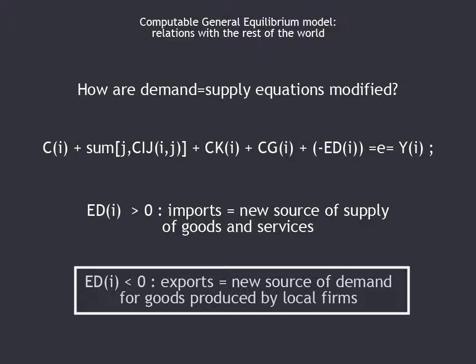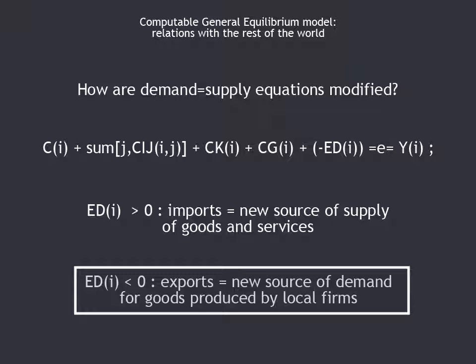Or ED is negative, and so you've got exports, and so it's a new source of demand for goods produced by local firms. So it means that with ED in sector I negative, you've got minus ED in sector I, which is positive. You can keep, in fact, minus ED on the left side, and so you've got on the right side the only source of supply of goods and services, which is Y, the local production.